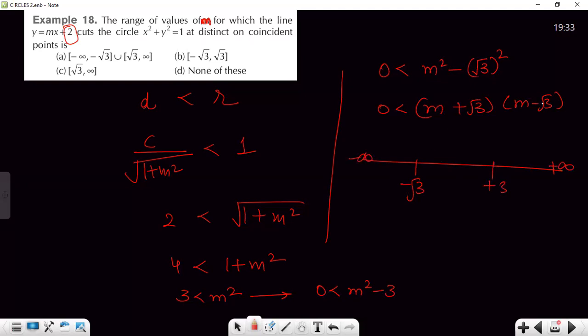The coefficient of the variable is positive here, so the signs are going to be positive, negative, positive. We want the function to be more than 0, so m will lie from minus infinity to minus root 3, and then from root 3 to plus infinity. So this is in the first option.